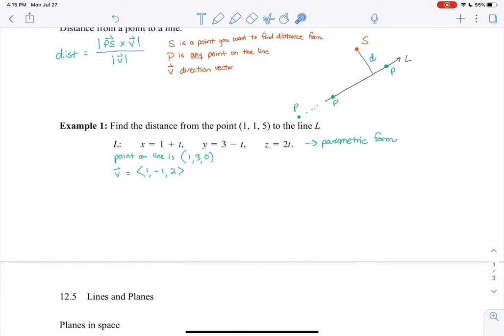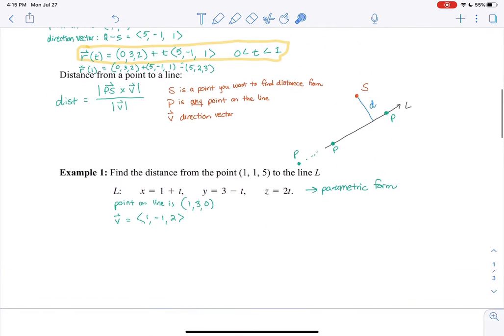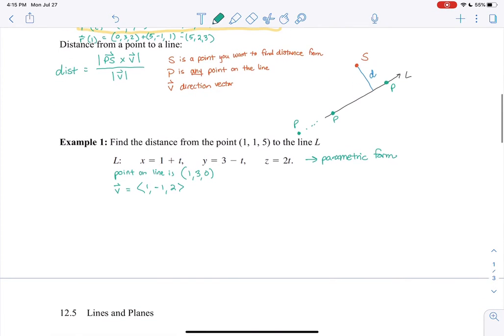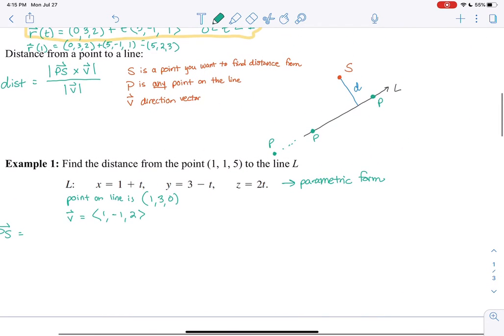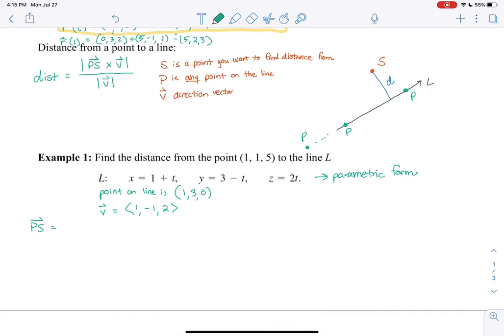So what are the things we need? We need this vector PS, and that's from any point on the line to the point you're trying to find. So to get PS, we'll just take the point (1, 1, 5) and subtract from it any point on the line. I'm just going to use this point that was used in the equation.